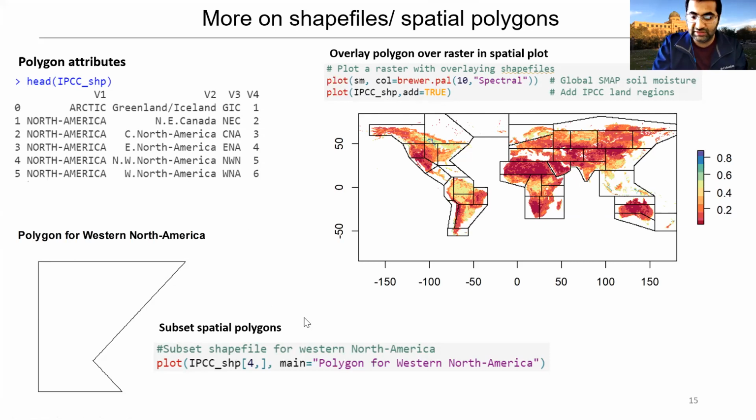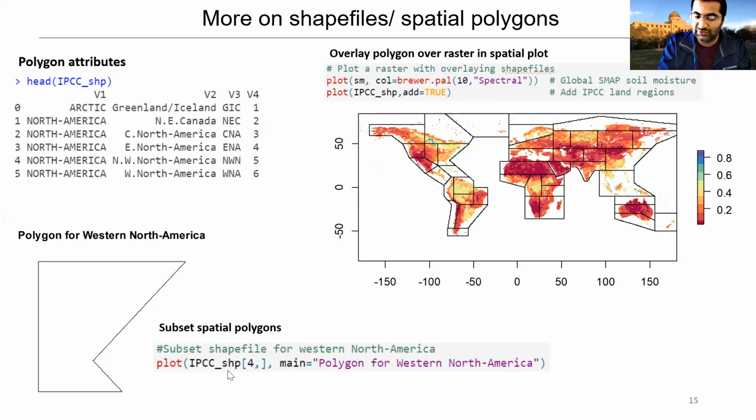And in case you want to subset a particular feature from a global shapefile, say you just want a feature for Eastern US or Central US or something. In your case, it might be entirely different, but just to show you an example of how you subset the features from the shapefile is by using this simple function.